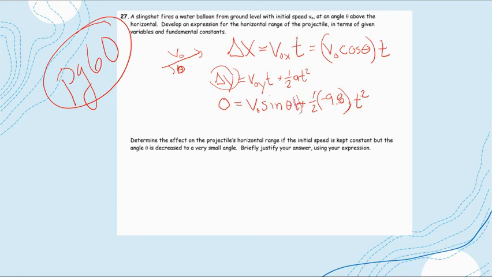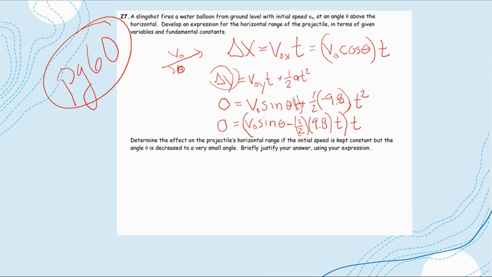Okay, so I can go ahead and use the fact that I have 0 equals V initial sine theta, and I'm going to put that in parentheses, minus 1/2 times 9.8 times t, and then substitute out my t.